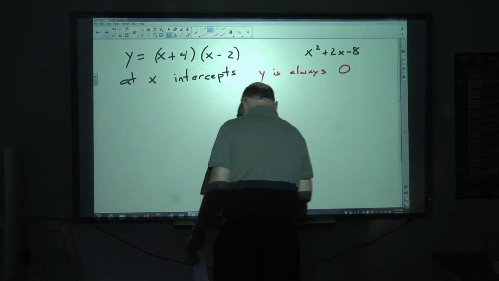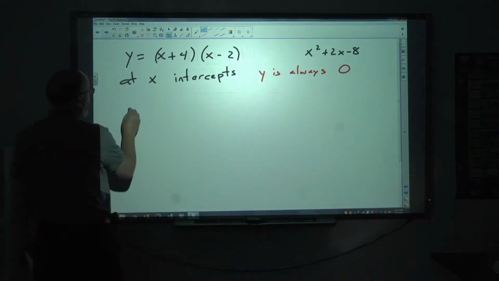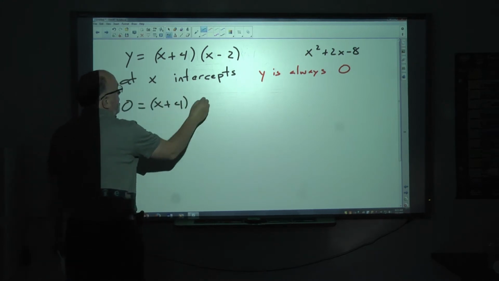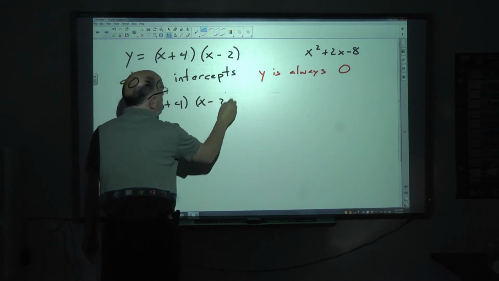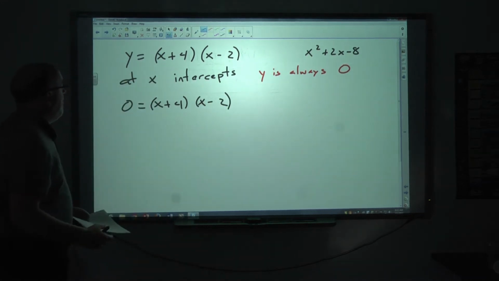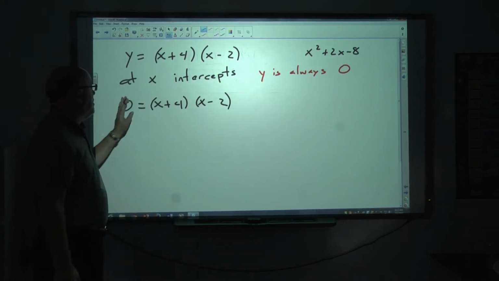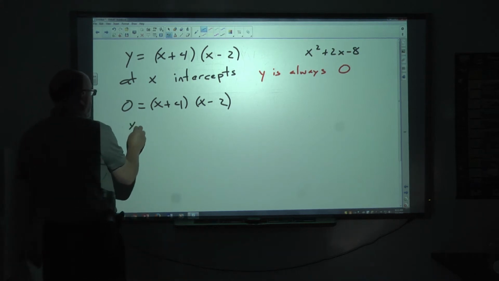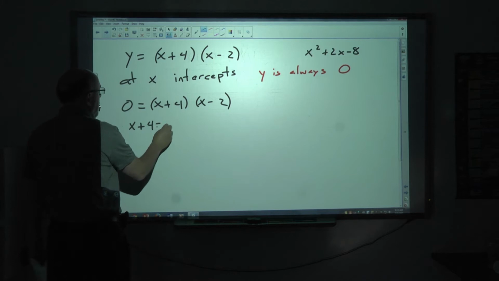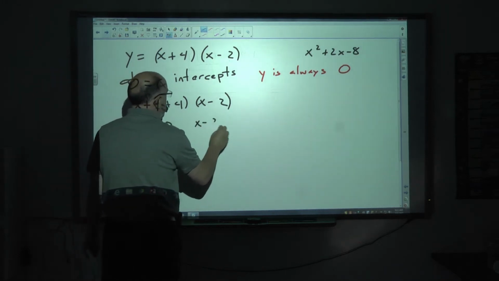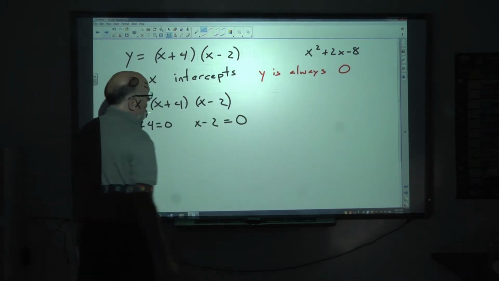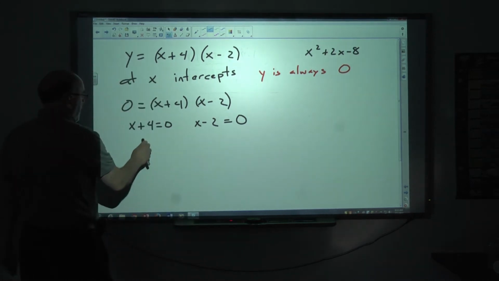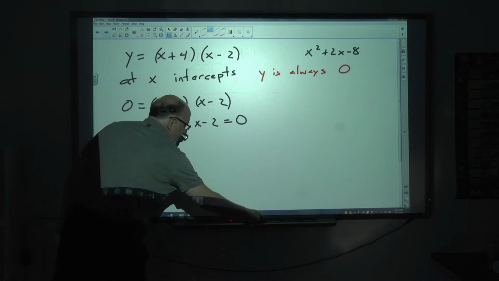And so we would have 0 equals x plus 4 times x minus 2. This says that this times this will give you 0, and the only way that will be 0 is if either x plus 4 equals 0 or x minus 2 equals 0. We can solve each of these for x. So here I would add 4, I'm sorry, we're going to subtract 4.